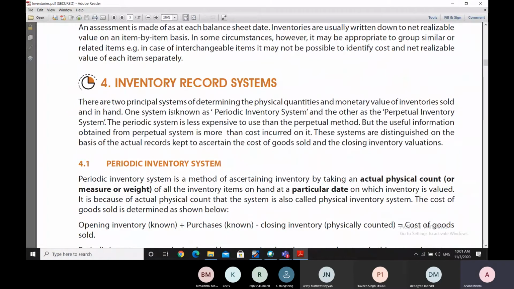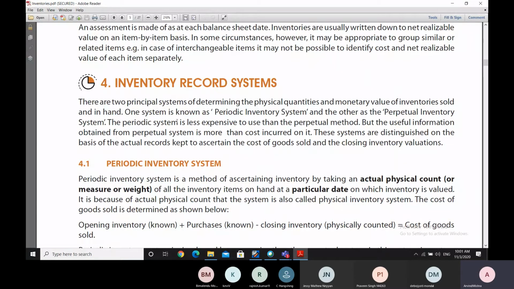Broadly speaking, there are two principal systems for determining the physical quantities and the monetary value. Monetary value means the money value of the inventories which are sold and the inventories which are in hand.